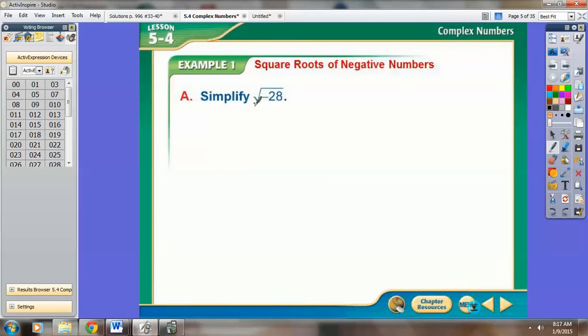The square root of negative 28. We know that negative 1 times 28 is negative 28, correct? We learned about the product property of square roots a couple of days ago. We know that we can break this apart and give each number its very own square root.